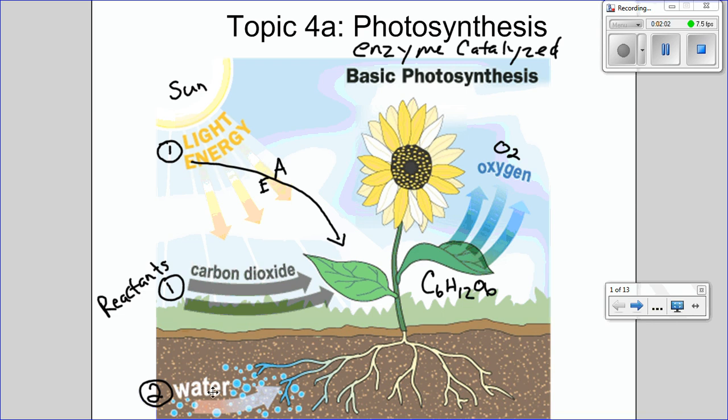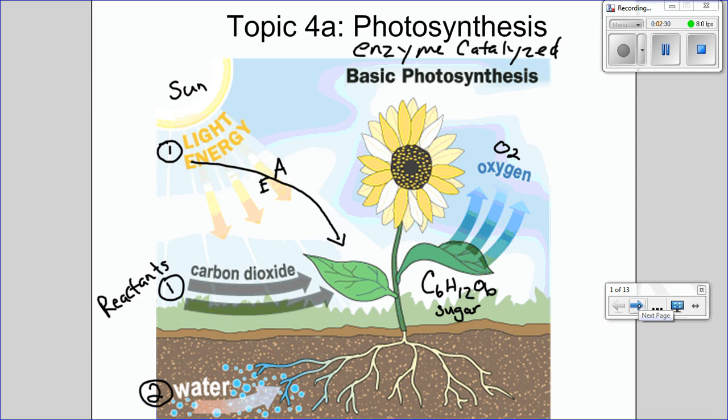Carbon dioxide and water are provided the energy from light to undergo the chemical reaction that creates glucose, or sugar. Glucose, if you remember, is a sugar, and oxygen gas, both things that all living things need to survive, including plants. So plants and animals get their oxygen and their carbon-based sugar, glucose, from photosynthesis.